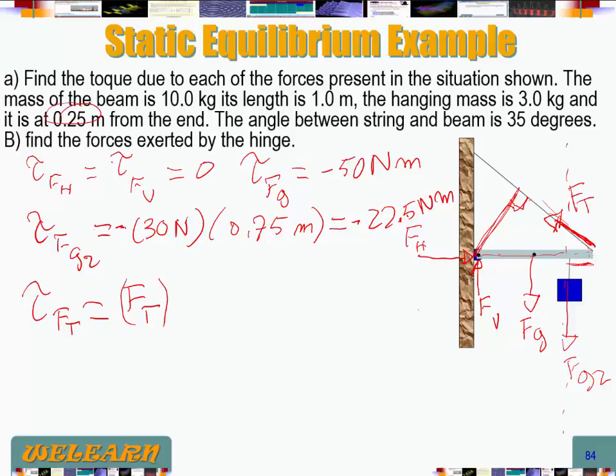So it has to be the perpendicular here. For this triangle, we know the hypotenuse, which is 1 meter, and we know this angle, 35 degrees. So my lever arm is going to be 1 meter times sine of 35, the side opposite to the angle.